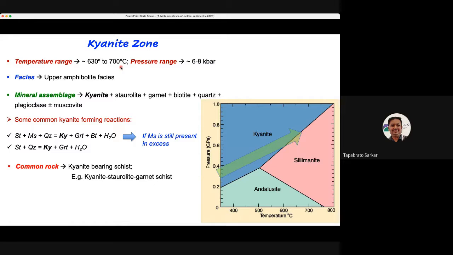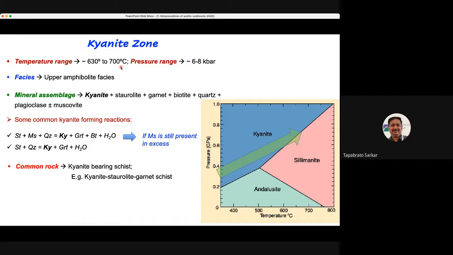This is the beauty of the pelitic rocks that we started with: this is a special family of rocks, or a special composition, where you see a lot of change in the mineralogy with change in pressure and temperature. So looking at the rock and the mineral assemblage, you get a much better idea about the pressure temperature condition of metamorphism compared to the mafic rocks, where, for example, in the amphibolite facies, the entire zone is dominated by plagioclase and amphibole.